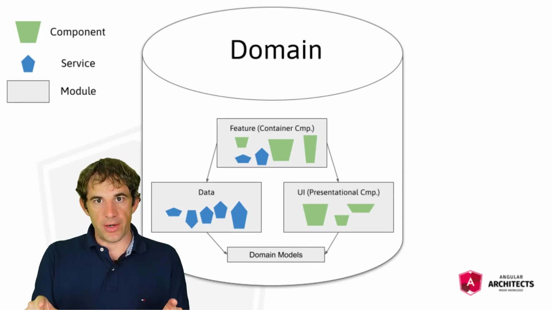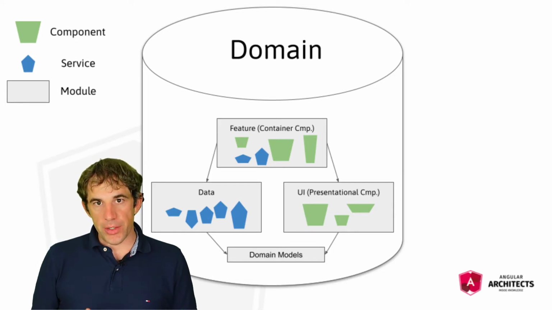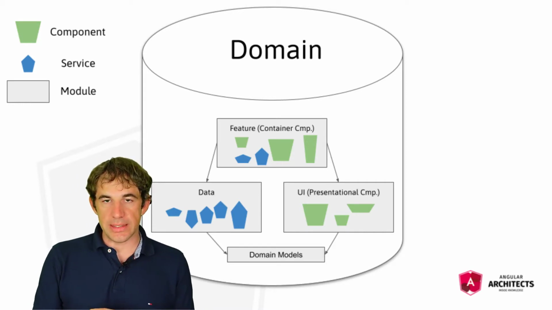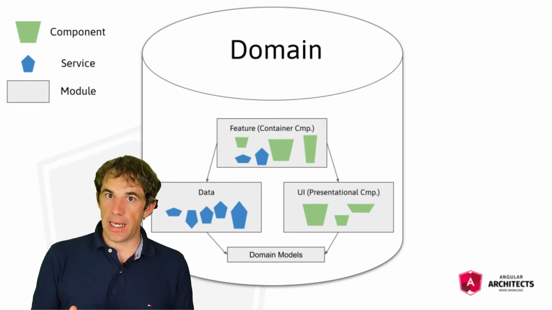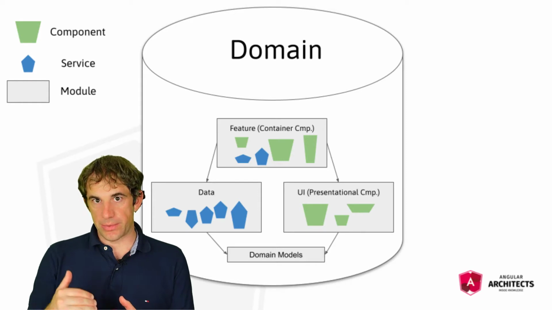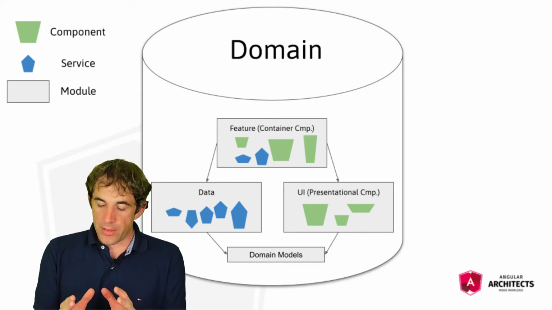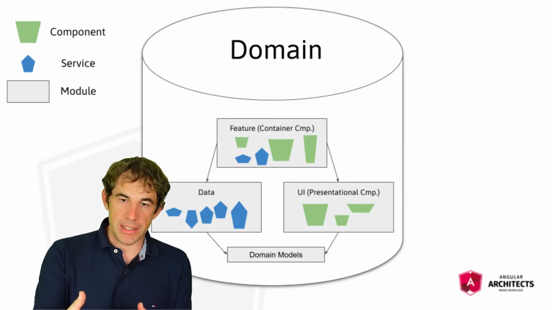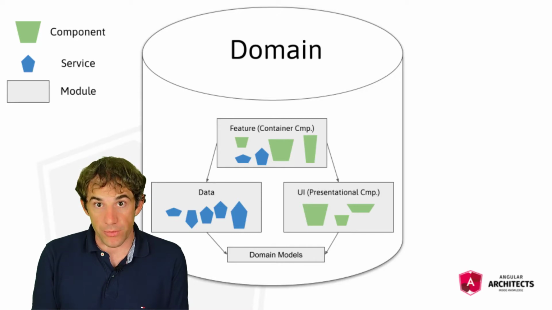One last thing are the access restrictions. As you see here, you have arrows between the module types, and the UI module doesn't have access to the data module. That's simply forbidden. It should not be possible for any UI component to inject the store and dispatch actions or select something from the state. This falls into the responsibility of our container components, and that's why we have created a separate module for them.